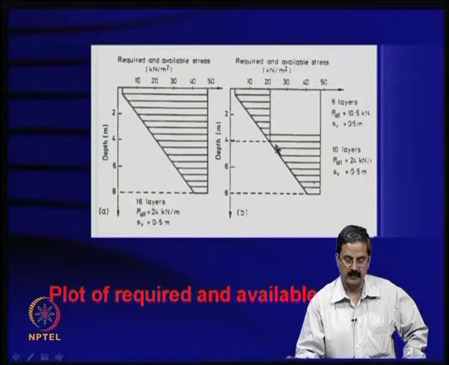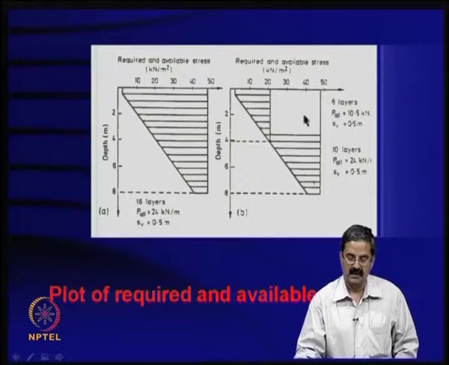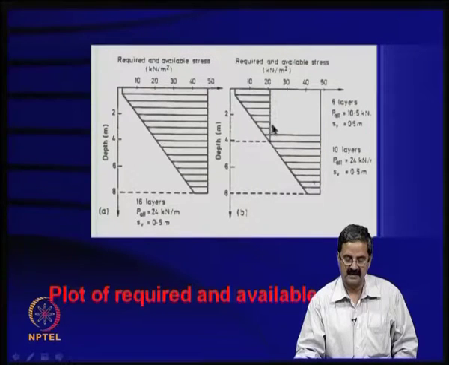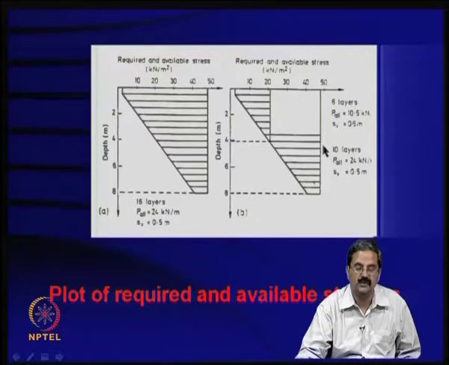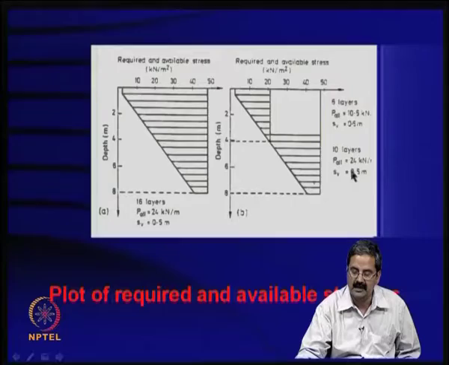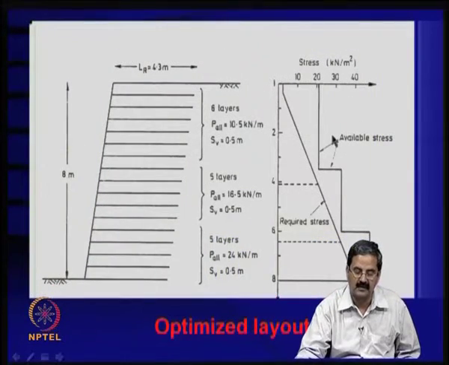The important point is that the available stress should be more than the required stress. Up to this point you can keep only the 10.5 at the top, and then once you come here you go for a higher one. So, you are able to effectively use your material by replacing the good material with a somewhat weaker one at the top, and here you have a much better configuration.